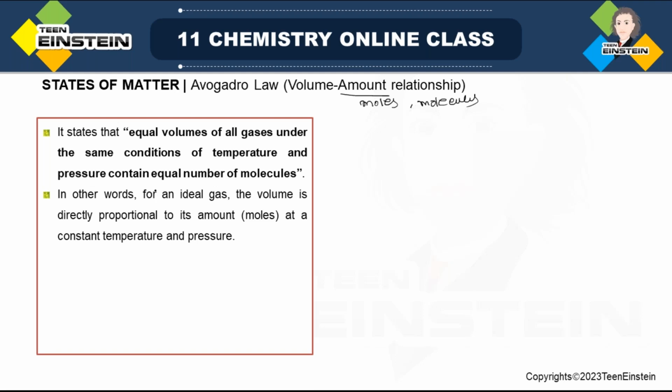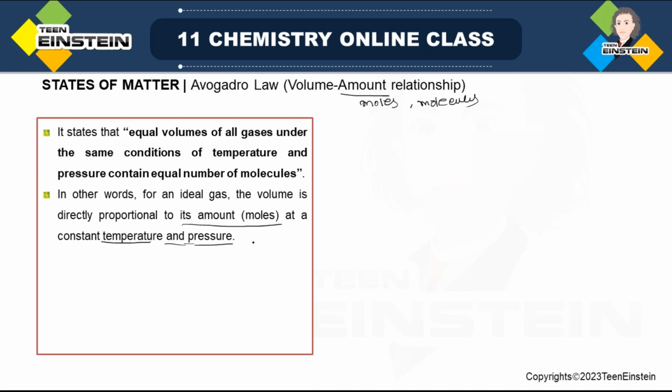In other words, for an ideal gas, the volume is directly proportional to its amount, or you can say moles, provided temperature and pressure, these two, are fixed. Because if you are not fixing them, you cannot have this relationship.